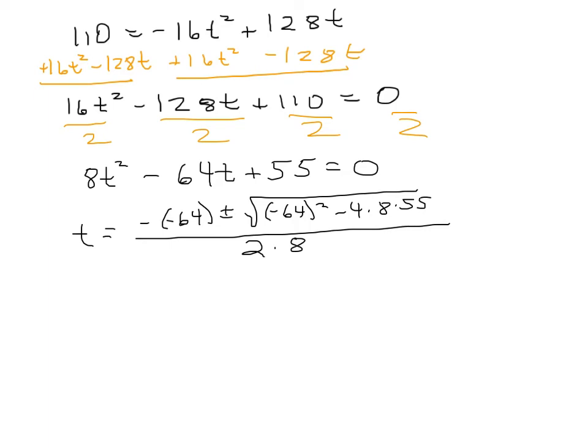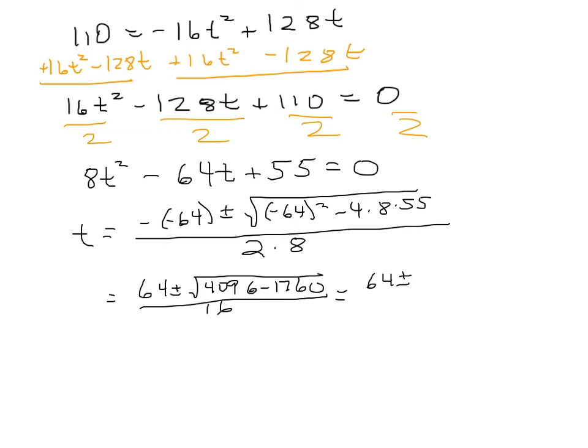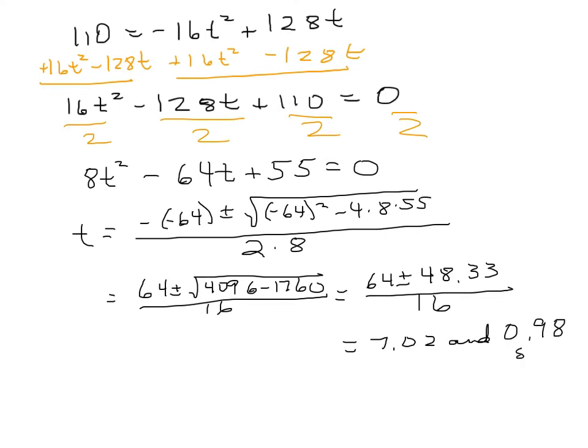So that gives us 64 plus or minus the square root of 4096 minus 1760 over 16, which is 64 plus or minus 48.33 over 16, which is going to work out to be 7.02 and 0.98 seconds.